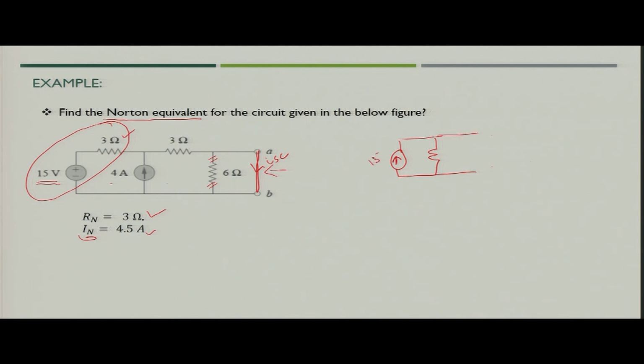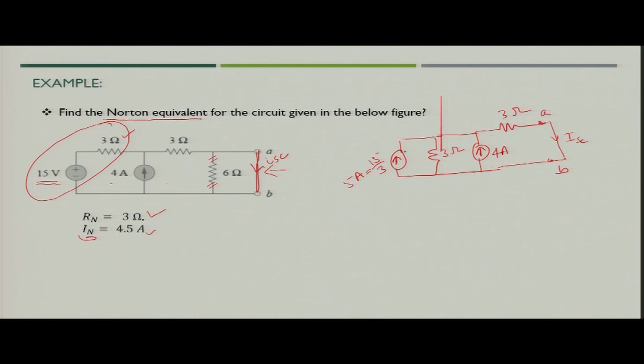The current source value would be 15 by 3, that is nothing but 5 ampere, in parallel with a resistance whose value would be 3 ohm. Now, you have the given current source and you have another 3 ohm resistance and then you have terminal A B and this is the short circuit current.